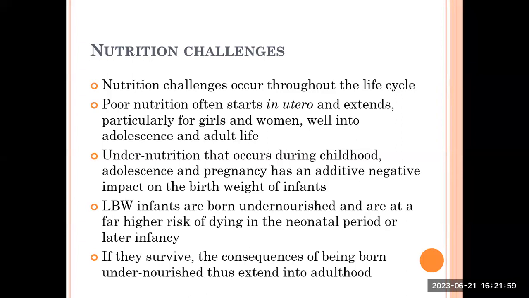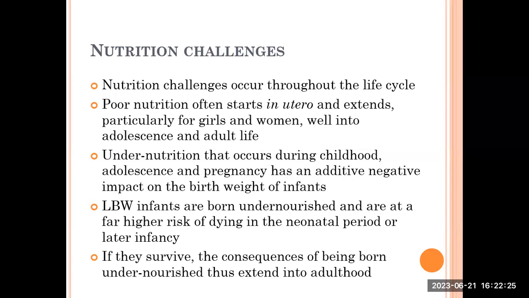Now for women in particular, and girls, if this extension goes well into adolescence and adult life, then you know that it's a recipe for disaster. Women are getting pregnant, they will get pregnant, but they have nutritional problems, and already that's a wrong start. And so it's important to look at this critically.